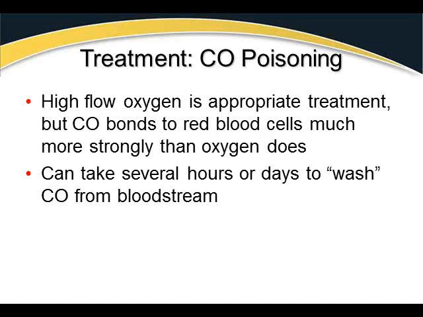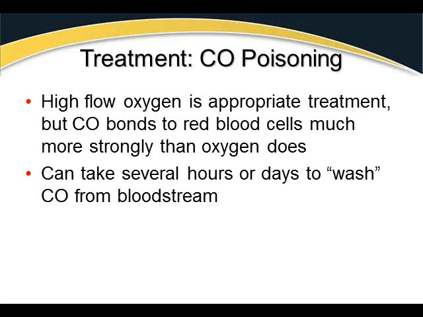When set up appropriately, this is usually acceptable for any level provider to use to help determine whether this is CO poisoning in most cases. You can use this device that says, oh yes, there is a significant level of CO in this person's blood, and it helps guide you down that path.